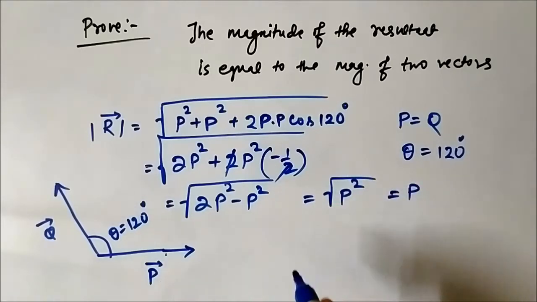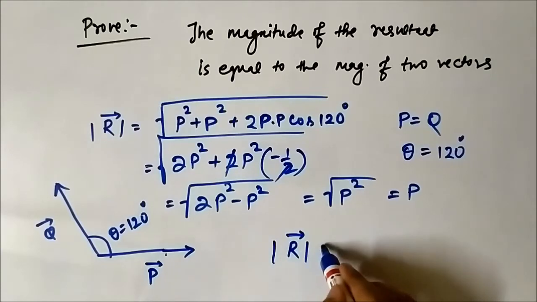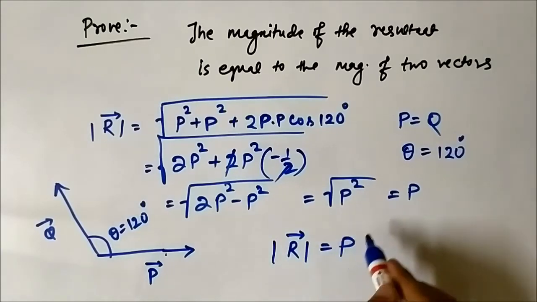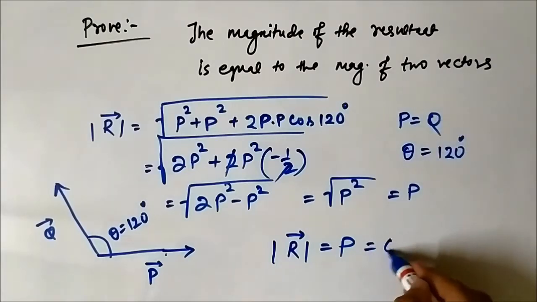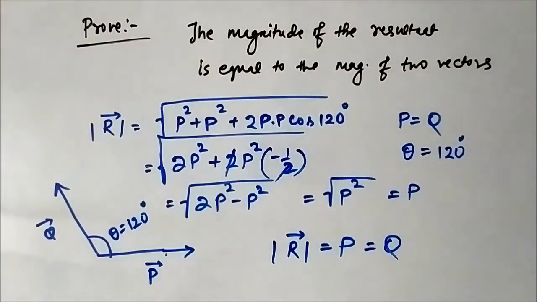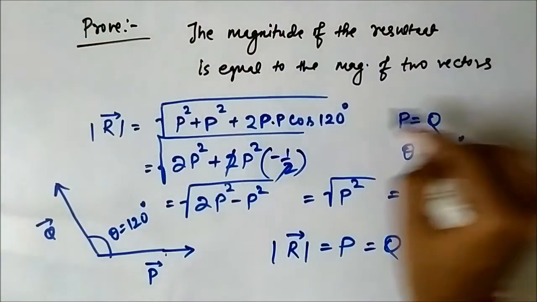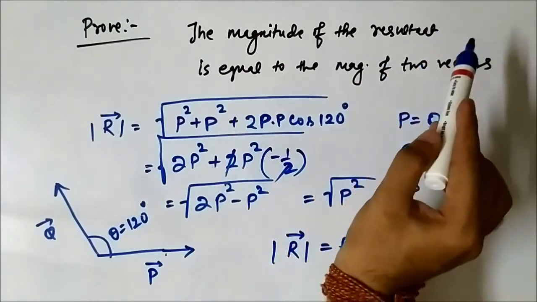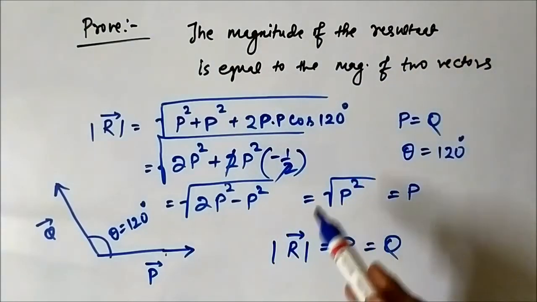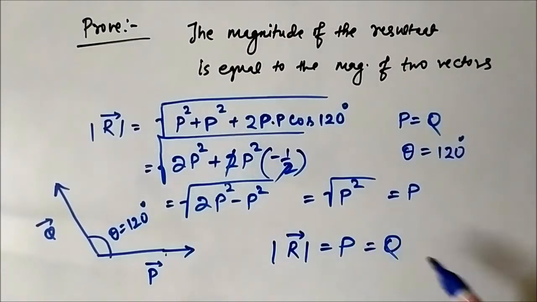So the resultant vector magnitude is equal to p, but according to the given question, p is equal to q, which is the magnitude of the two vectors. So we have proved this statement that the magnitude of the resultant is equal to the magnitude of the two vectors, p equals q.